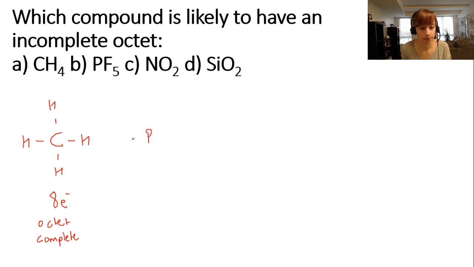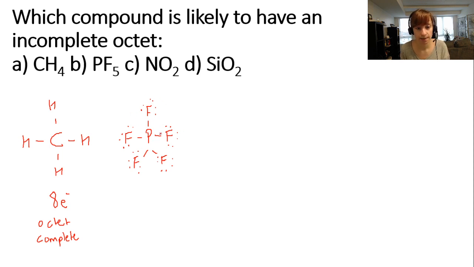PF5, phosphorus is our central atom. And we have 5 fluorines around it. Fluorines all have 3 lone pairs to draw in. So all the fluorines have a complete octet because they have 8 electrons each.